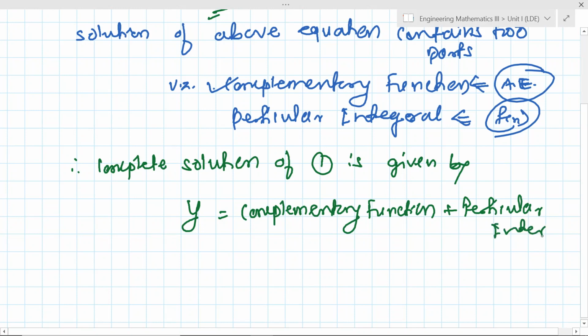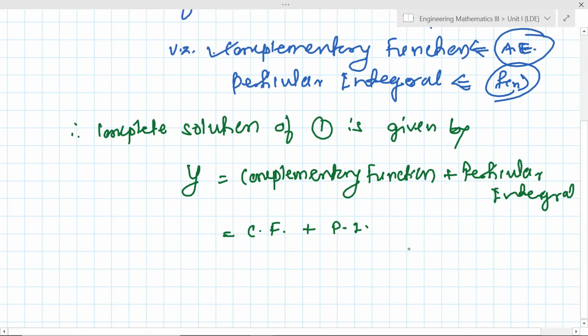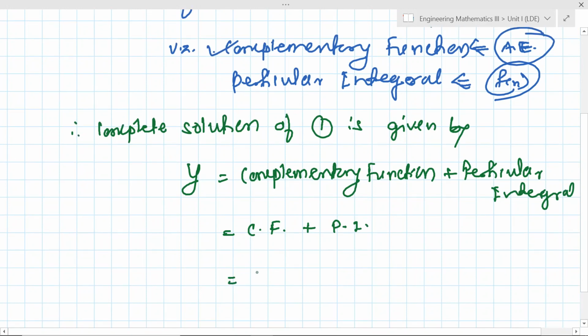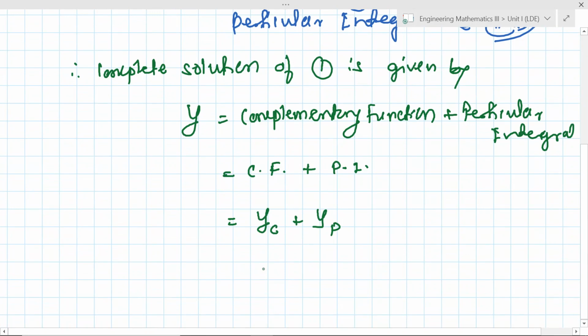We can write this as CF plus PI, or otherwise as yc plus yp. Yc means complementary function and yp means particular integral. Both the terms we have to find if we want the complete solution of this equation.